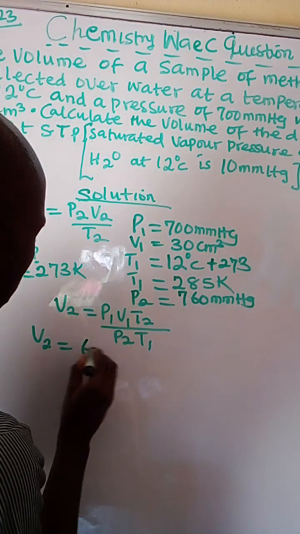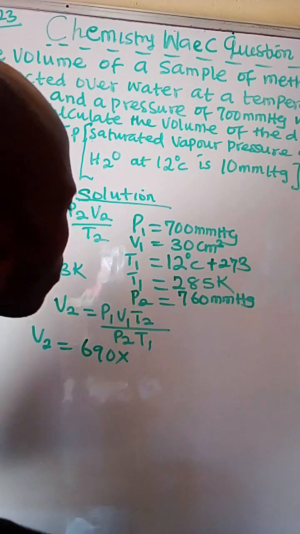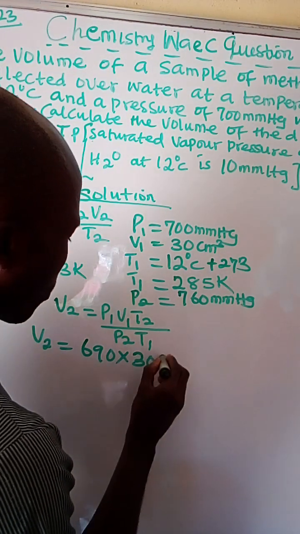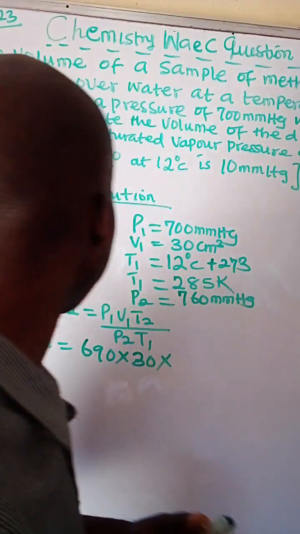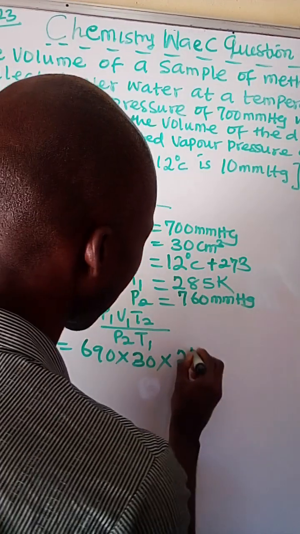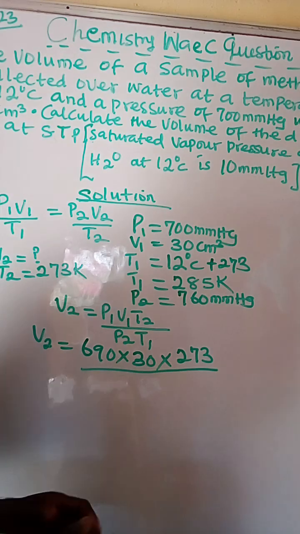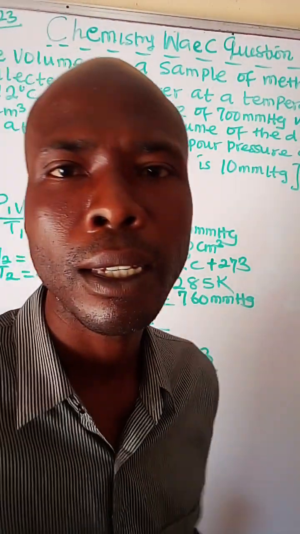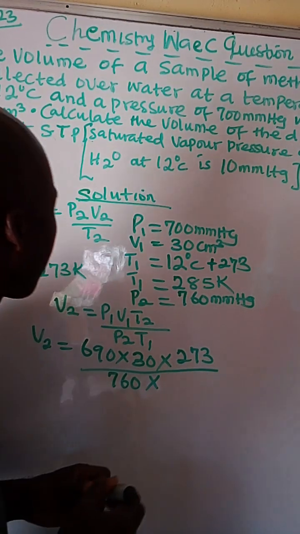So I have my 690 multiplied by V1, which is given to be 30 centimeter cube, times T2, which is the final temperature, 273 Kelvin, over P2, the standard pressure, 760 millimeter mercury, multiplied by T1.